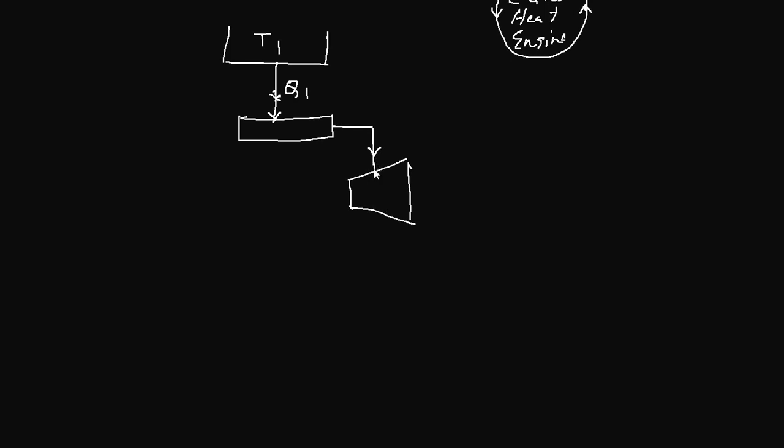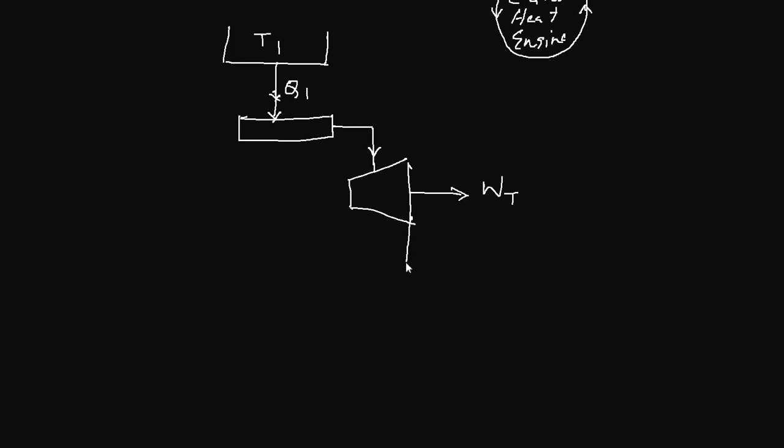If we assume a power cycle or a power production plant operating on steam, then the working fluid will be water and steam. So you have your steam coming through the heat exchanger here and passing through the turbine blades, generating turbine work.